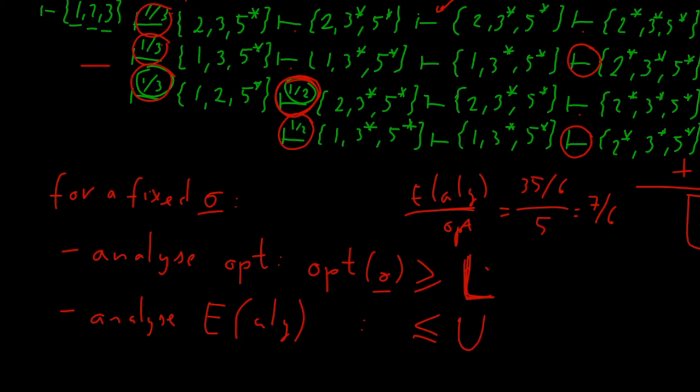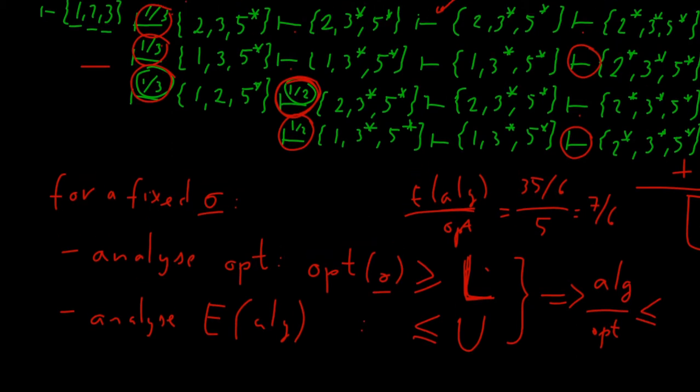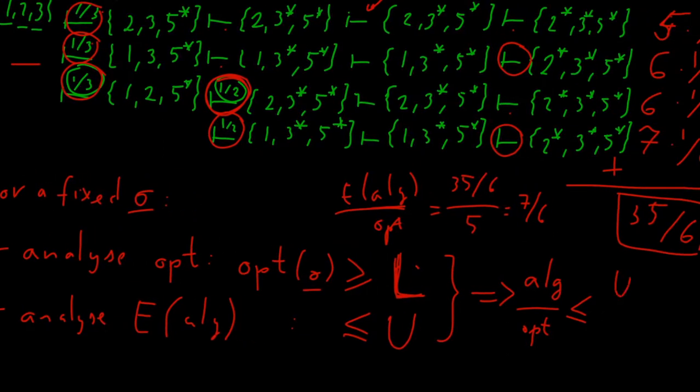for upper bound, and for these two we will get that the expected cost of the algorithm, which is the default for randomized algorithms, divided by the optimum value is at most U divided by L, because I'm increasing the numerator and decreasing the denominator, so the value of the fraction will be upper bounded by this.